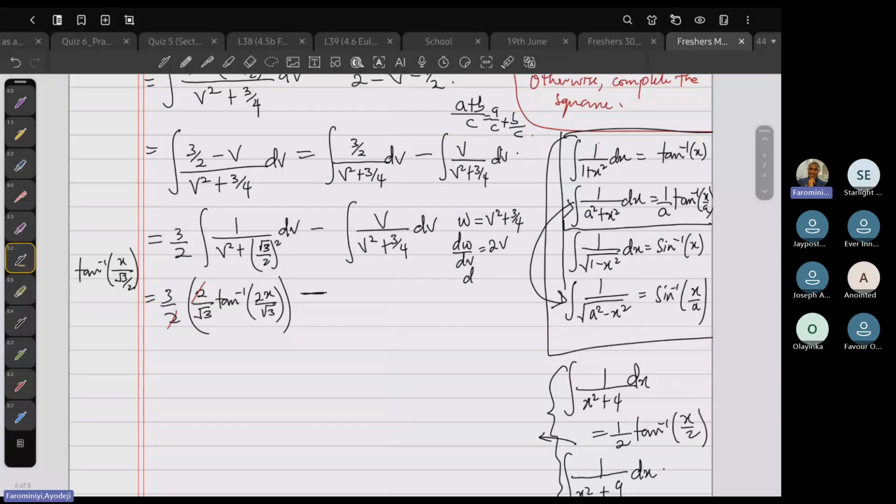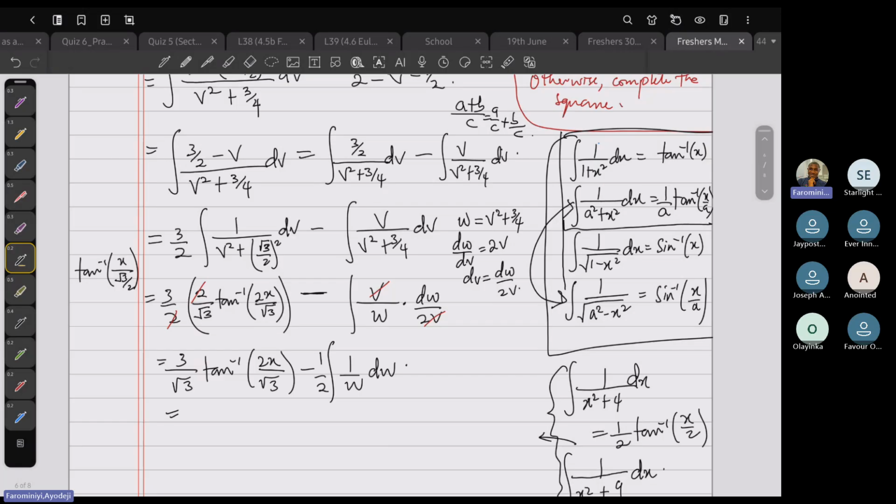Then it means that dv is equal to dw over 2v. So this is v over w times dw over 2v, such that v cancels v. So this will be 3 over root 3 tan inverse of 2x over root 3 minus 1 over 2 integral of 1 over w dw.